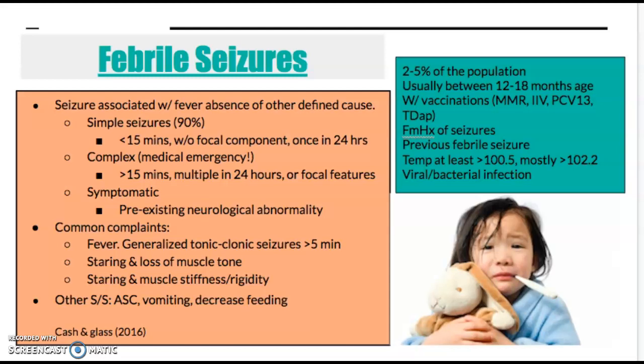Family history of seizures and previous febrile seizures are also associated. For the seizure to be considered febrile, the kid has to be over 105 degrees Fahrenheit, but most likely occurs over 102.2 degrees Fahrenheit. And they can also occur with viral and bacterial infections.